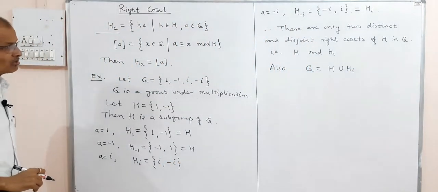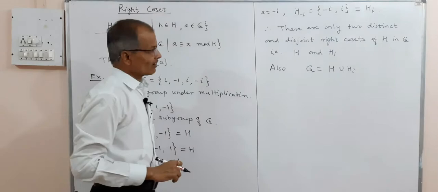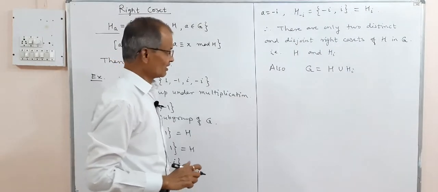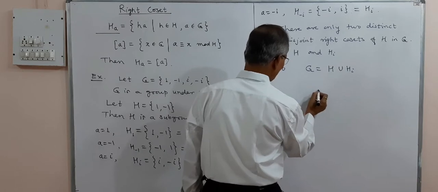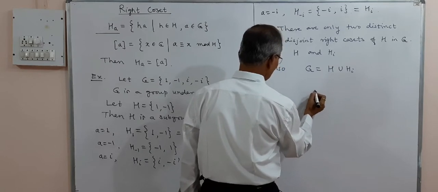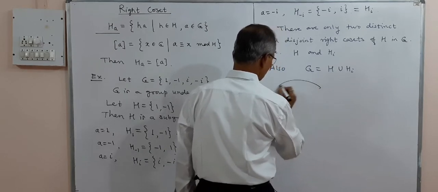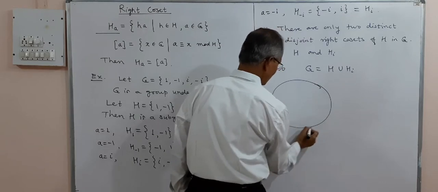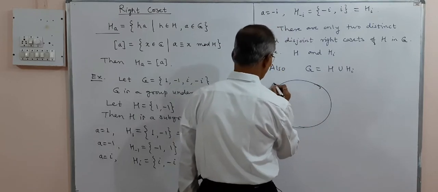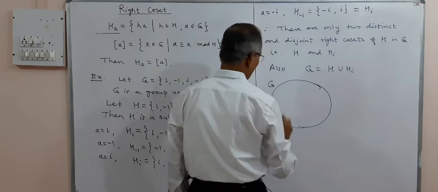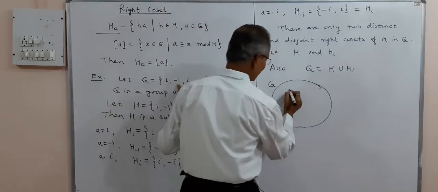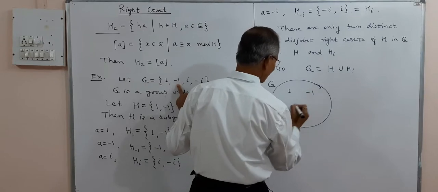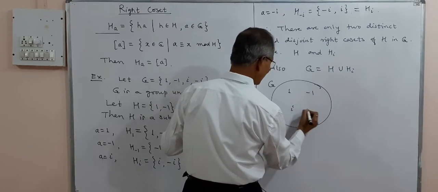So these two right cosets fill up the set G. If you consider the diagram, say this is G, and it has the elements 1, -1, and second i, -i.